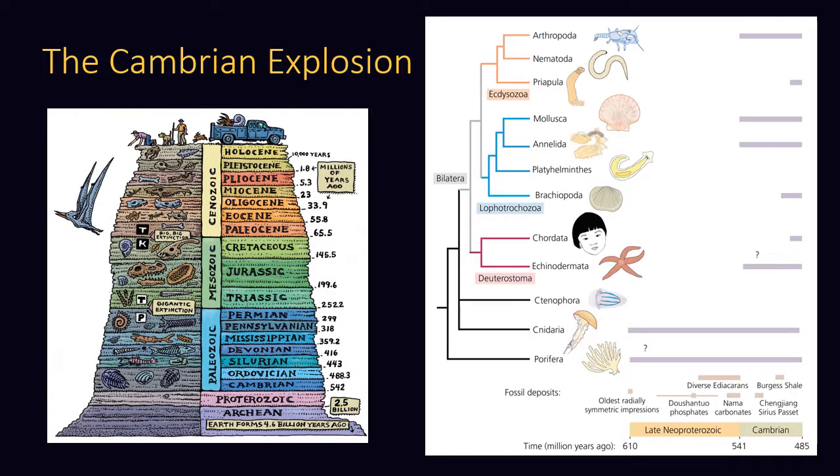And this is called the Cambrian explosion, how almost immediately we went from having very few multicellular animals, evidence of sponges, evidence of cnidaria, to having arthropods, nematodes, mollusks, annelids, platyhelminthes, brachiopods, echinoderms, and chordates just pretty much immediately show up in the Cambrian.